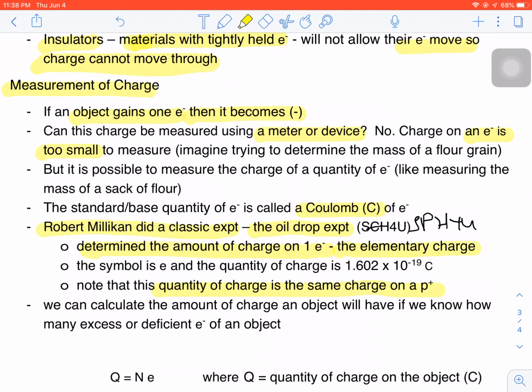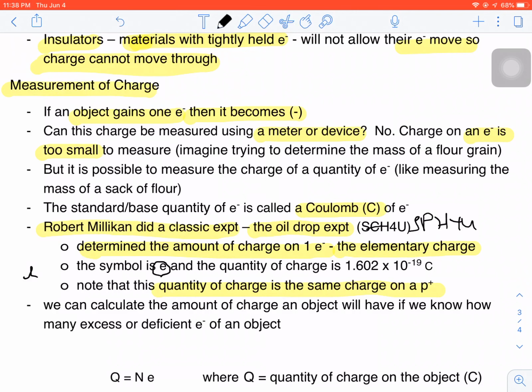So the symbol that was used for the elementary charge is a little e, and it's usually written as an italicized e. This was italicized when I first made my note, but I think in transferring it to Notability, I've lost my italicized e.